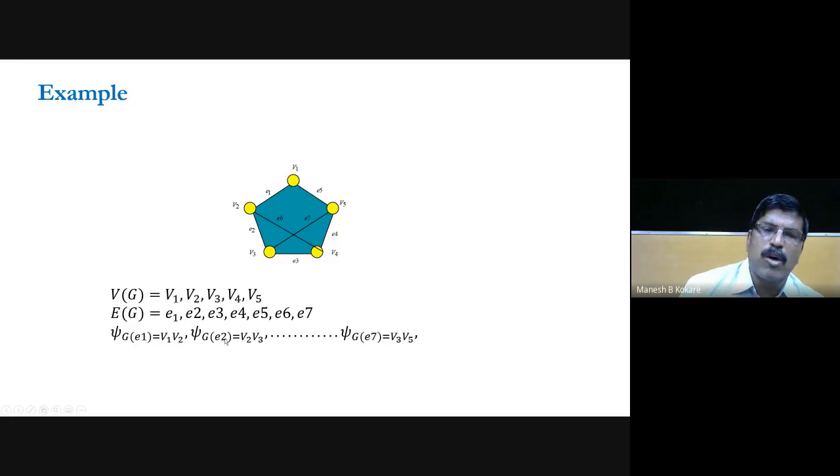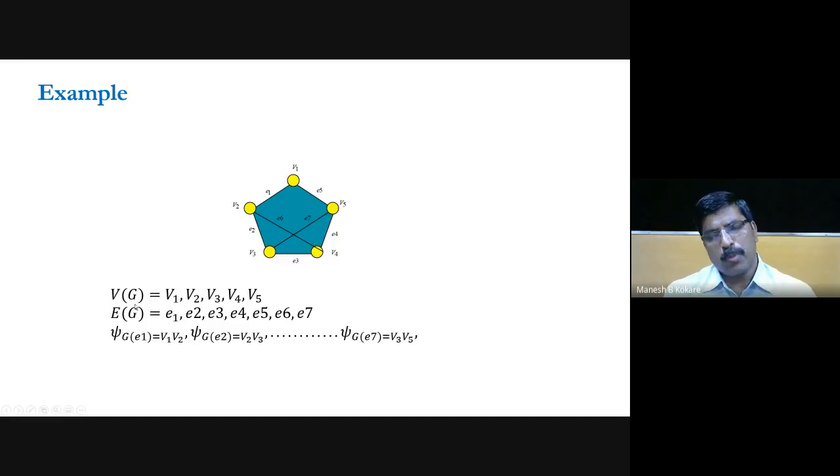Similarly, psi z of E2: E2 is in between V2 and V3, and psi z of E3 will be between V3 and V4, and so on. Similarly, psi z of E7 is nothing but V3 and V5. So you got all those sets from the graph.